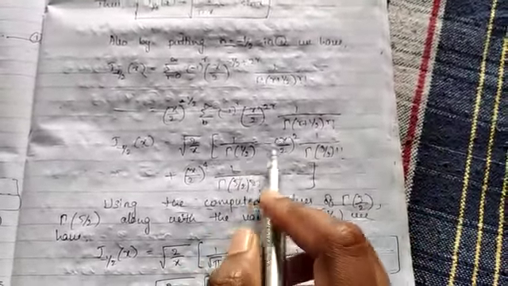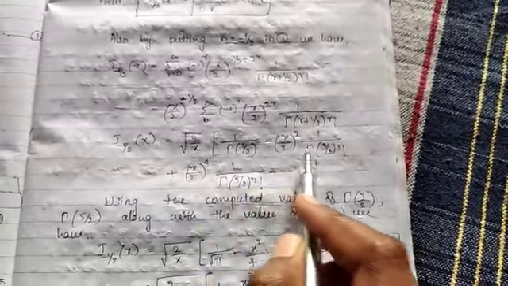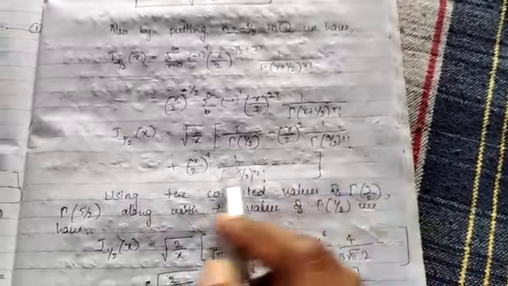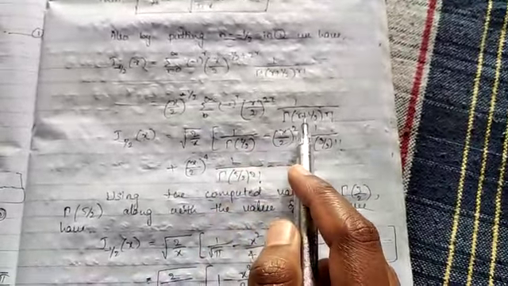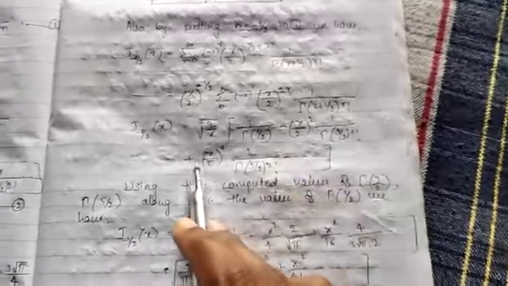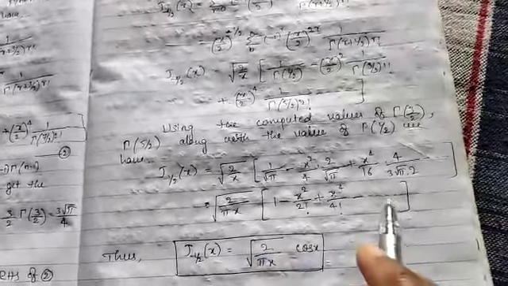Then minus x by 2 whole to the power 2, it becomes minus 1 divided by gamma of 1 plus 1 by 2, that is 3 by 2, 1 factorial, plus x by 2 whole to the power 4, 1 divided by gamma of 5 by 2, 2 factorial, it is minus 1 square, means plus, and so on.